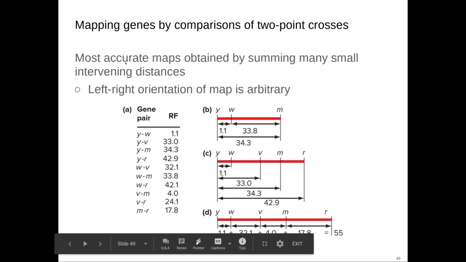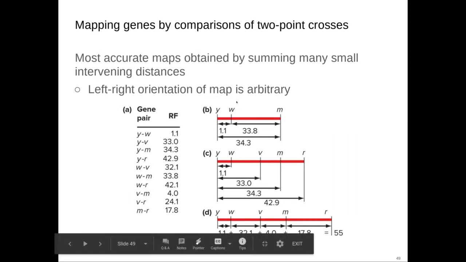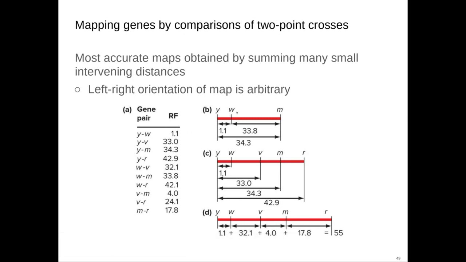The most accurate maps are obtained by summing many small intervening distances. The left-right orientation of the map is arbitrary. So we go this way to this way or this way to this way, it doesn't matter. But we can look at gene pairs and the recombination frequency. You'll notice that the recombination frequency between W and Y here is small, but the recombination frequency between W and M is significantly larger.